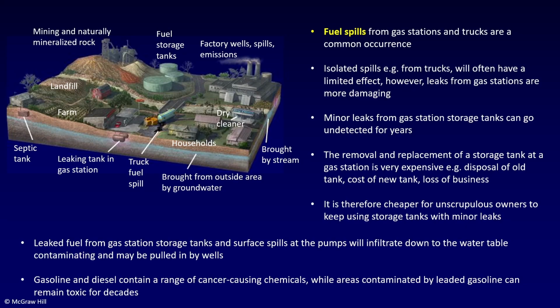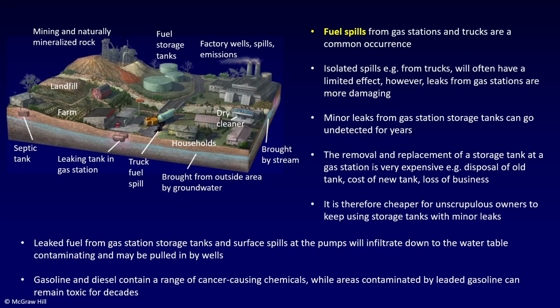And so, in either case, if you just don't know there's a leak, or if you are being unscrupulous, this can lead to a significant amount of gasoline leaking out of the tank into the surrounding soil. And obviously, that will then start to infiltrate downwards towards your water table. Now, in terms of the leaked fuel from gas station storage tanks and surface spills, which can also occur around petrol pumps, this will infiltrate down through the soil into your water table.